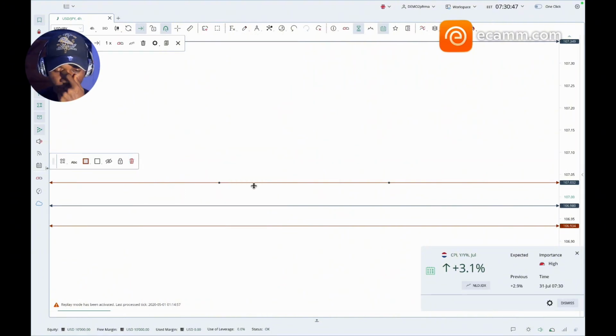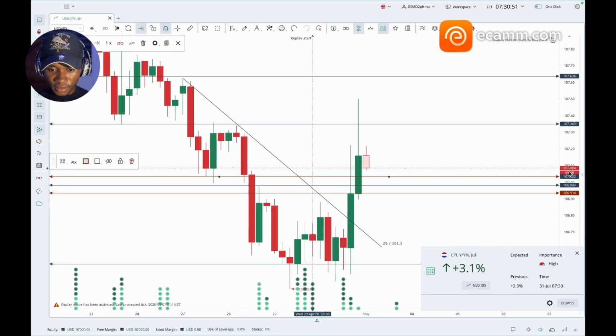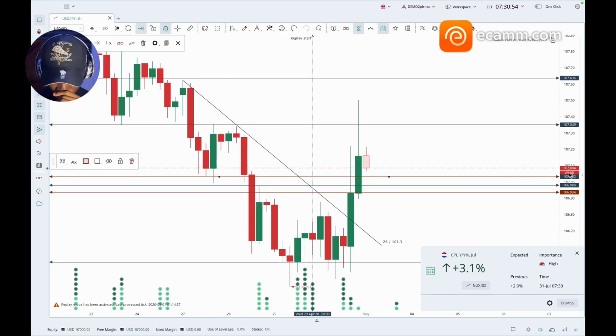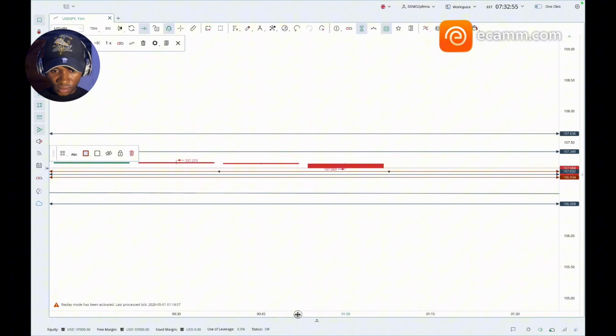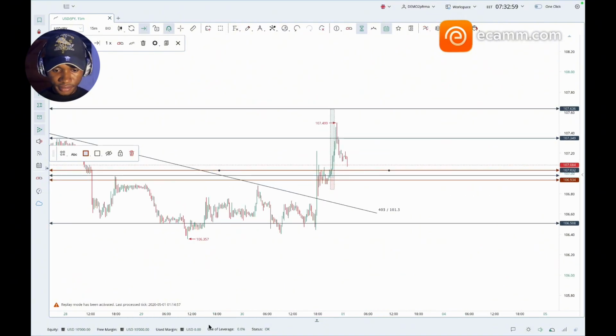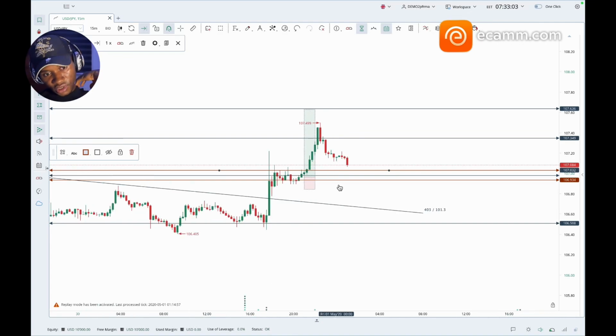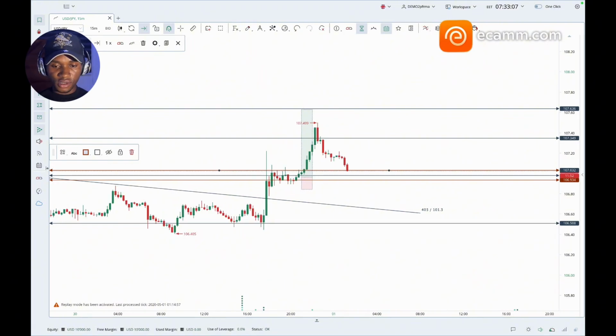The high time frame is key. Let's go. Alright, so we actually hit my stop loss, but we're not in the spiritual mind in this market. It's just okay, stop loss hit.